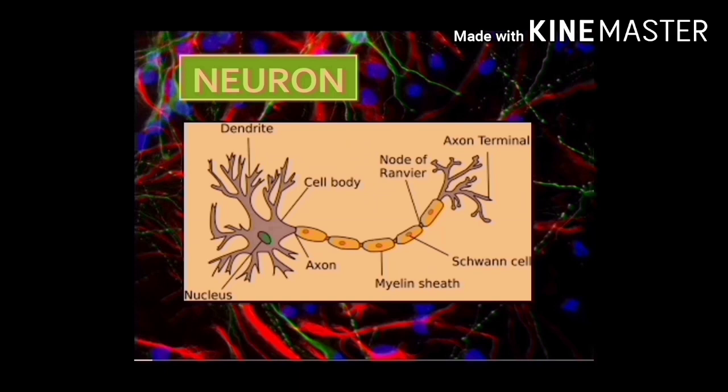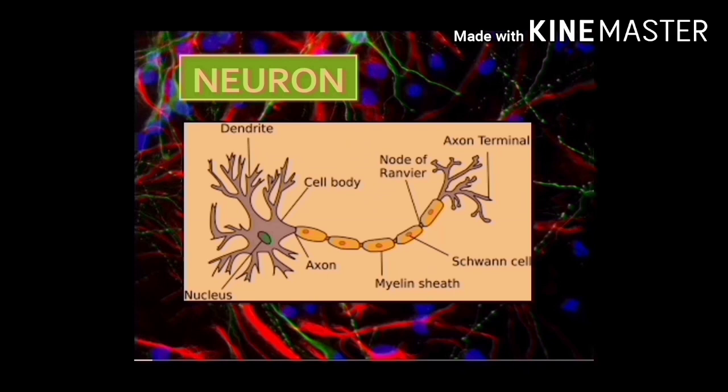Next, we have the neuron. The neuron is the basic functional unit of the nervous system. It transmits information to other nerve cells, muscles, and glands. It consists of a cell body, axon, and dendrite. The cell body consists of nucleus and cytoplasm. Dendrites are extensions from the cell body and receive electrical signals.